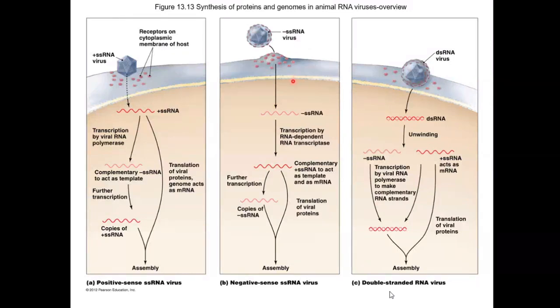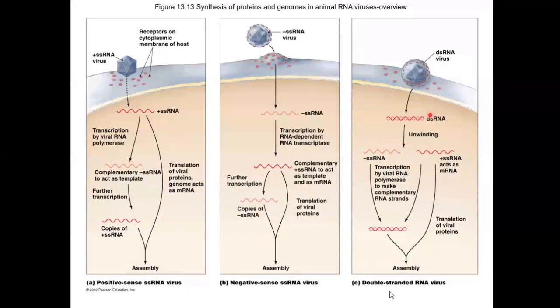With negative polarity, we have this. It always has to come with RNA-dependent RNA polymerase, which allows the complementary strand to be synthesized, which also serves as a template for more copies of the viral genomic material, and allows more virus to be synthesized.